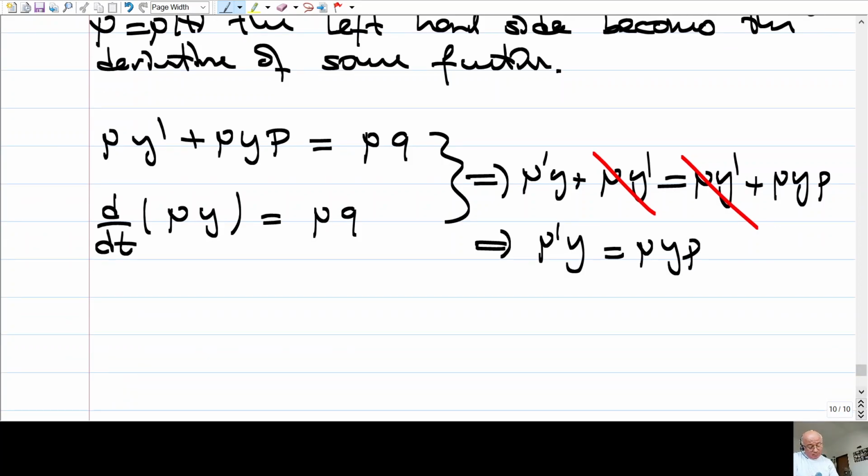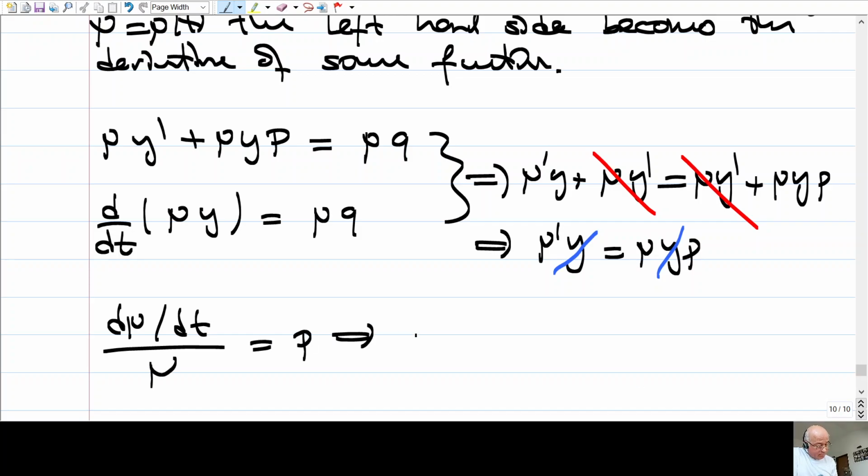Mu is a function of t also. Mu prime is just the derivative, so I have d mu over dt, and the y's are gone also.